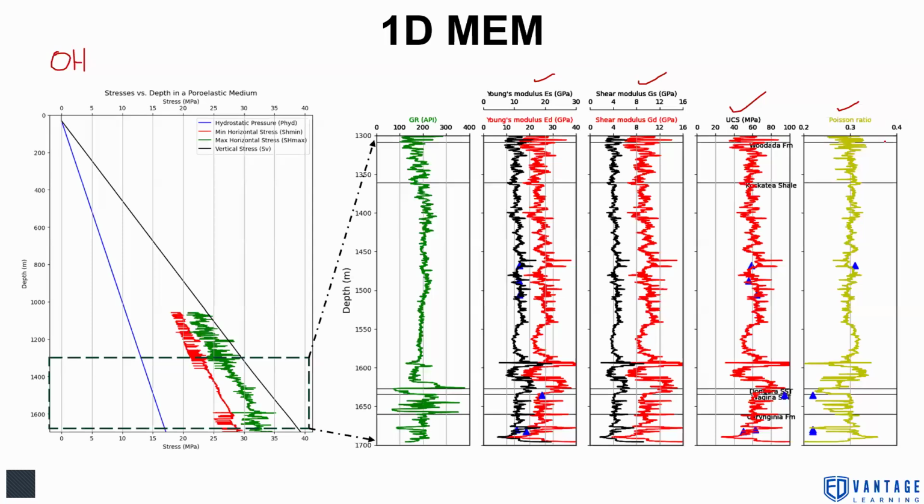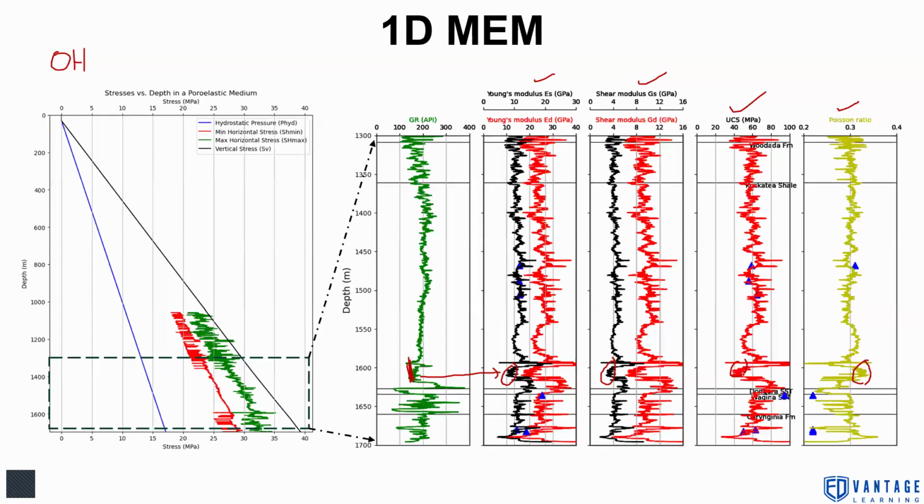So this will give us the current signature of the formation. Maybe say you can see gamma ray is quite low here. It may be clean sand, but actually the values are quite high. But there can be good sand presence here, and you can see the equivalent strength of the rock is decreasing here. Young's modulus decreased, shear modulus decreased, UCS decreased, and Poisson's ratio increased, right?